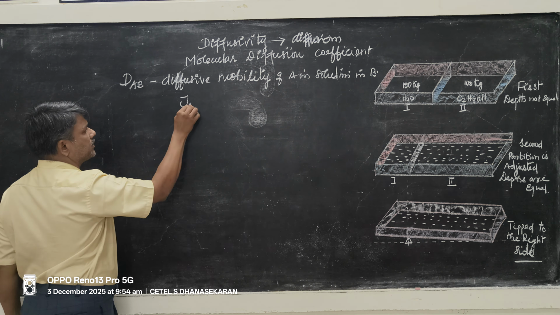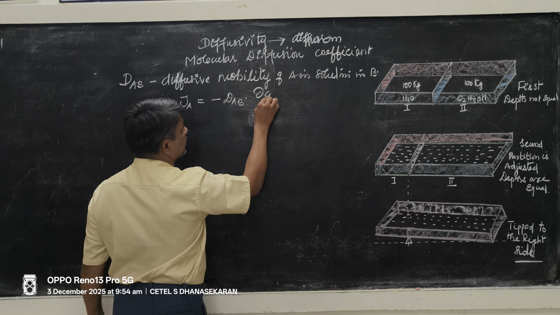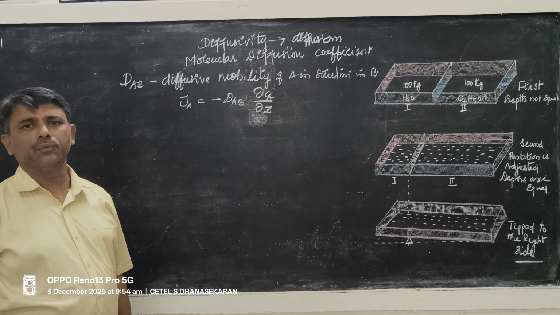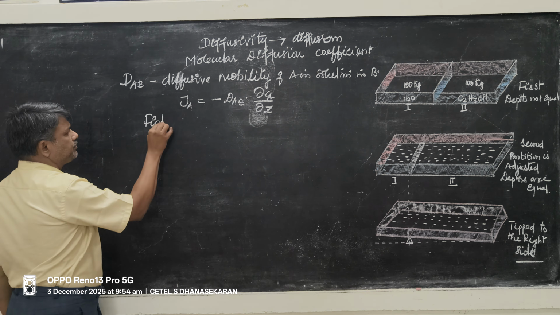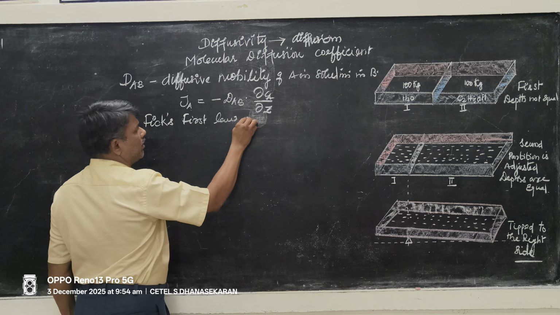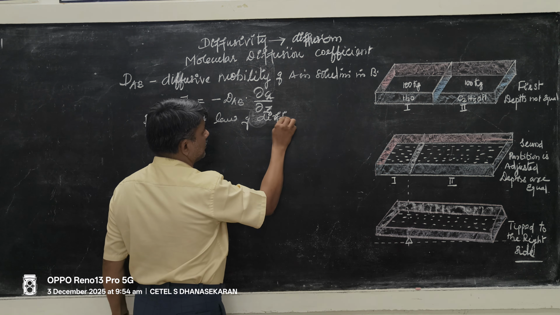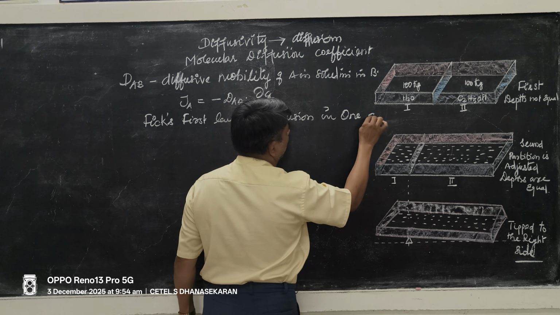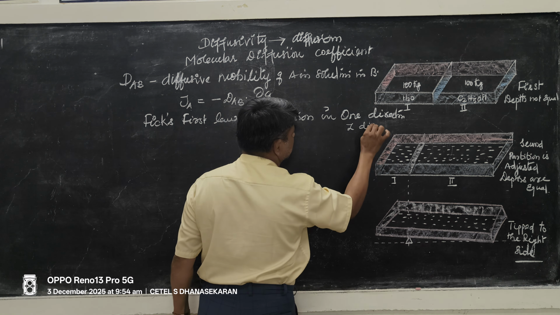So JA is equal to minus DAB into dou CA divided by dou Z. This is Fick's first law of diffusion in the direction Z, or one direction.